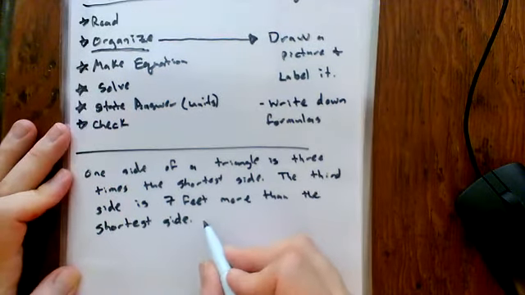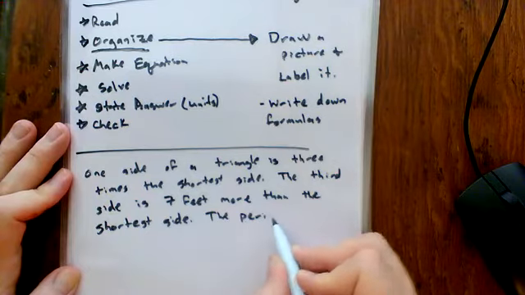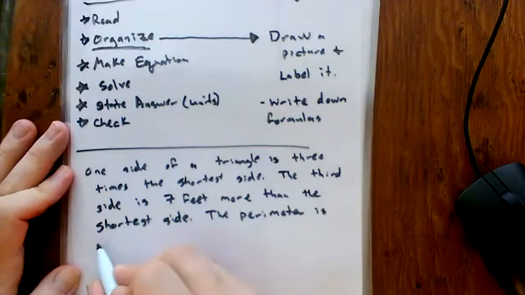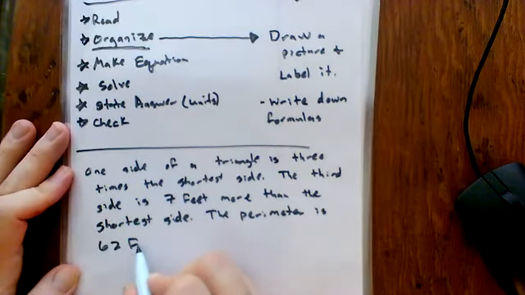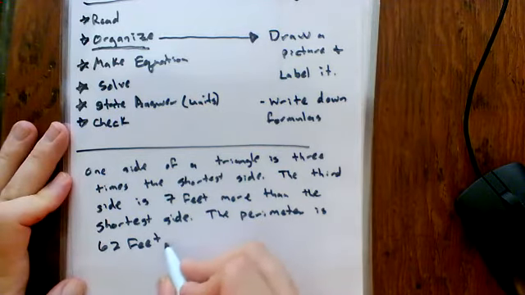The perimeter is 62 feet. Find all 3 sides.